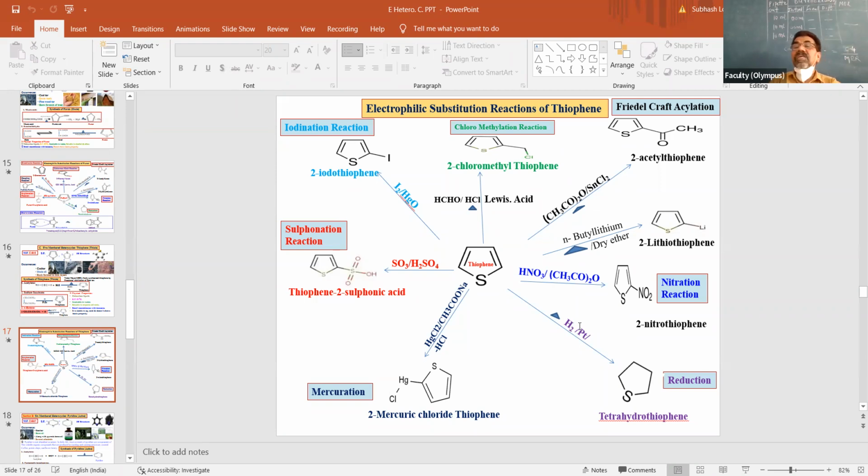Here also the same type, 2-nitrothiophene. Nitration is done with a mixture of acetic anhydride and nitric acid to obtain 2-nitrothiophene. That is called the nitration reaction.